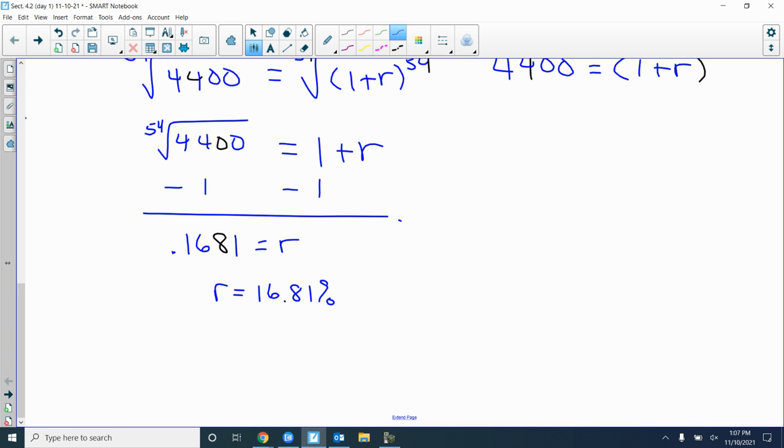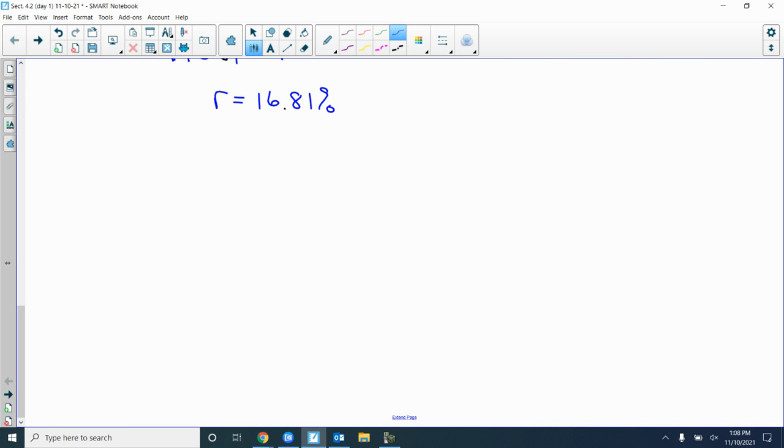All right, I want to show you there's another way to do that other than the 54th root. It's a similar idea. Once we get to 4,400 equals 1 plus r to the 54th, you can take it to a power. It's the same idea as doing it as a root. Let me go back to my x squared issue. If you have x squared equals, I'm just going to make this up, 10, I usually take the square root.